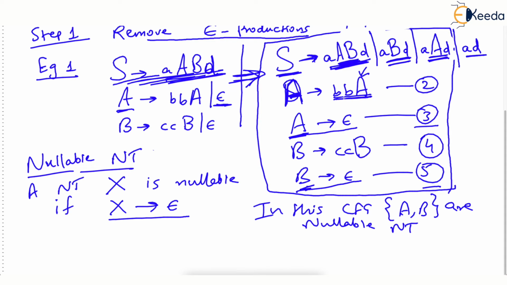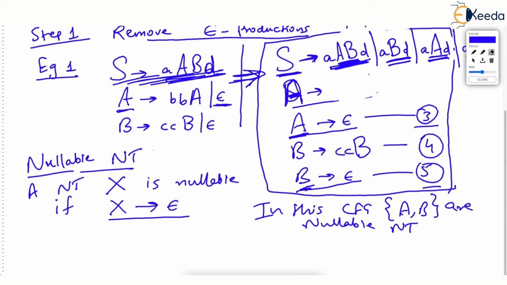Okay, let's come to the second production, A derives BBA, this one. Do you have a nullable non-terminal on the right hand side? Yes. Check the production carefully. It is A derives BBA, this one. You have that, isn't it?